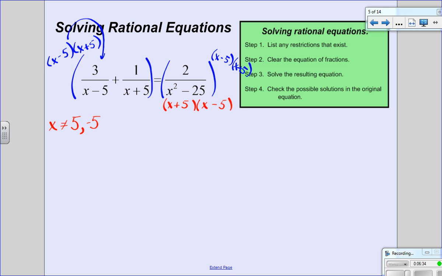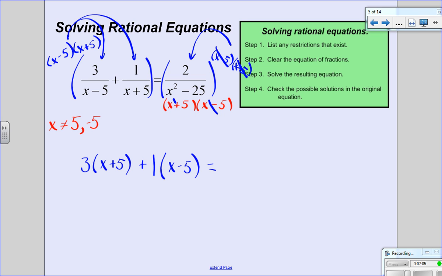That cancels with our denominator, and so we're left with 3 times x plus 5, because the x minus 5 is canceled. Carry down our plus sign, and we distribute those same two binomials again. Here our x plus 5's cancel, so that leaves us with 1 times x minus 5. Carry down our equal sign. Now when we do the distribution and clear the fractions on the right side, the x plus 5's and x minus 5's cancel altogether. So we're left with just the numerator of 2.